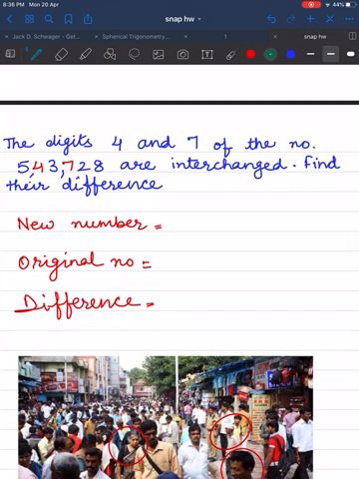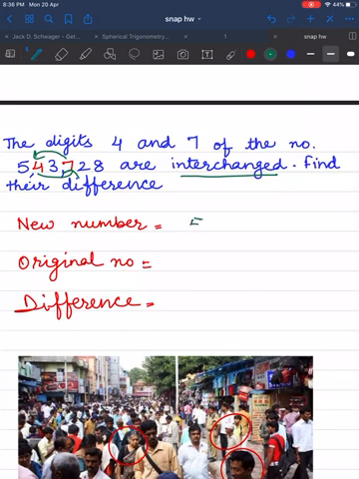Now next question is the digits 4 and 7 of the number 5,43,728 are interchanged. Find their difference. Now here the word interchange is very important. Interchange means in place of 4 I have to write 7 and in place of 7 I have to write 4. So let us write the new number by interchanging these two digits.